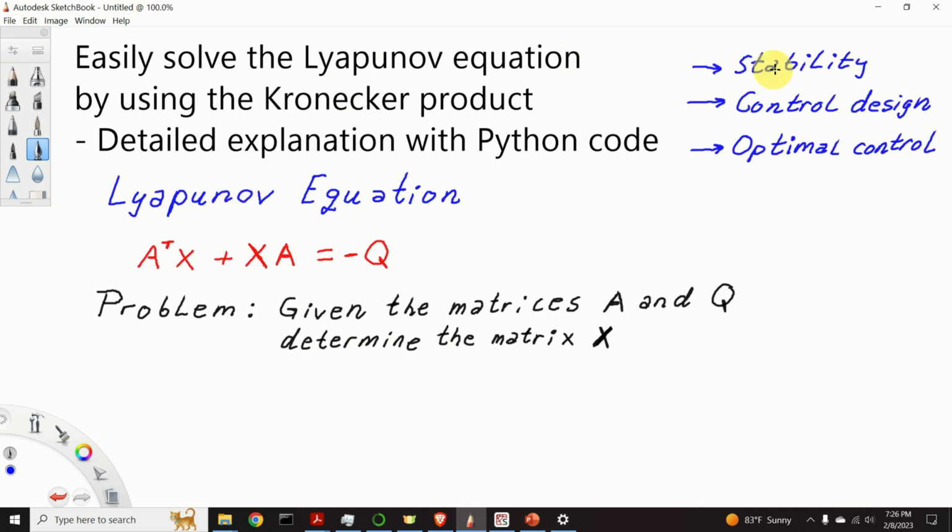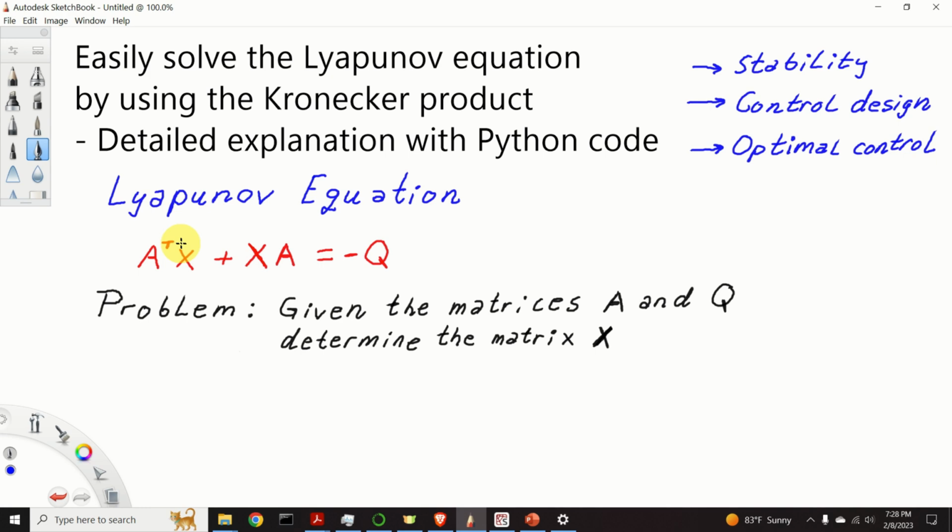It's used for stability analysis of dynamical systems, it's used in control design, and it's also used in optimal control. This is because we can solve the Riccati equation by solving a series of Lyapunov equations, and the Riccati equation is necessary for computing the optimal controller.